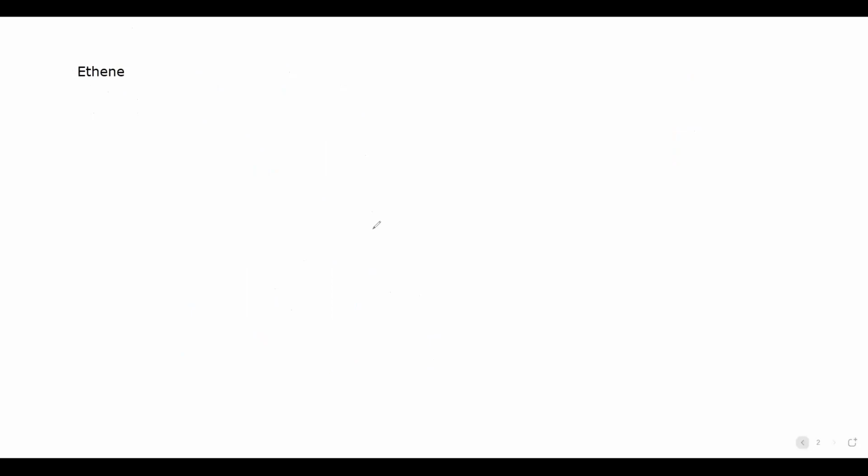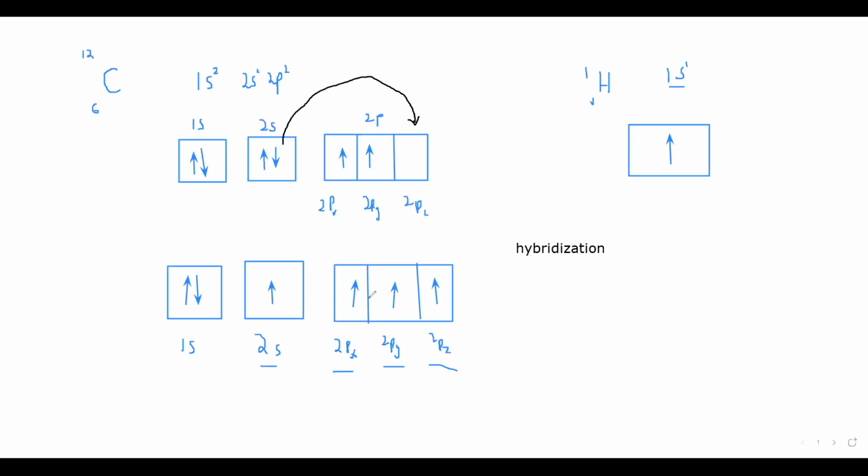As you know, the hybridization happened for carbon. So 2s has 1 electron available for sharing, 2px has 1 electron, 2py has 1, and 2pz has 1. And what are the shapes of these orbitals? As we discussed, 2s will be spherical, 2px will be a dumbbell on the x-axis, 2py also a dumbbell on the y-axis, and 2pz also a dumbbell on the z-axis.